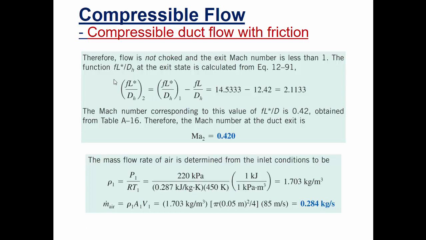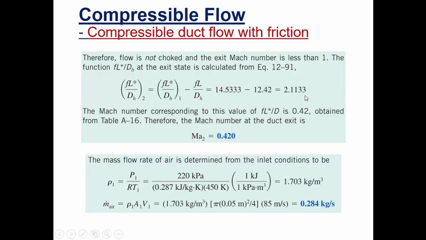To find the condition at the exit, we just have to use the information that we have obtained from the table here, and with our calculation for the actual length, we found out that the difference for the condition is 2.1133.